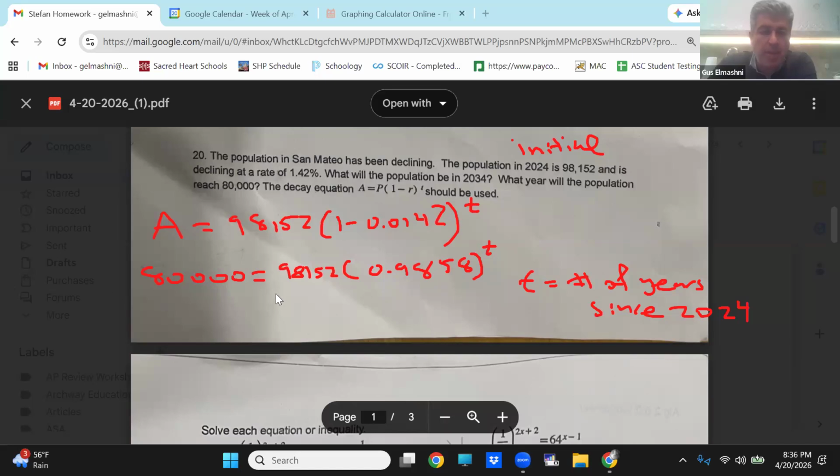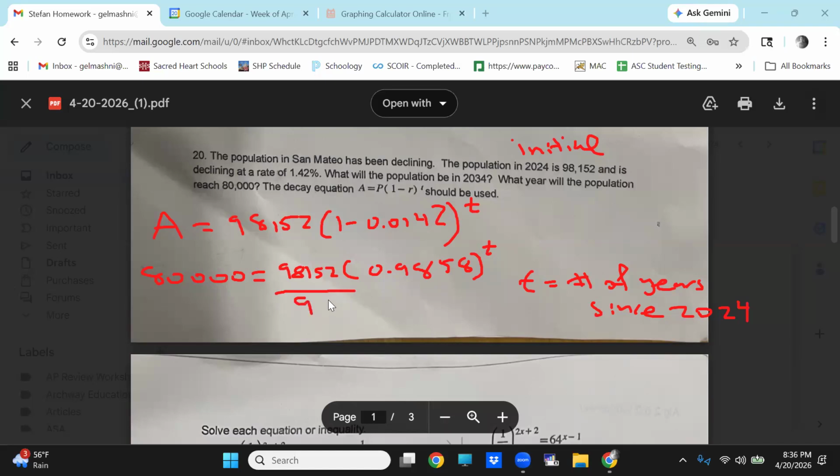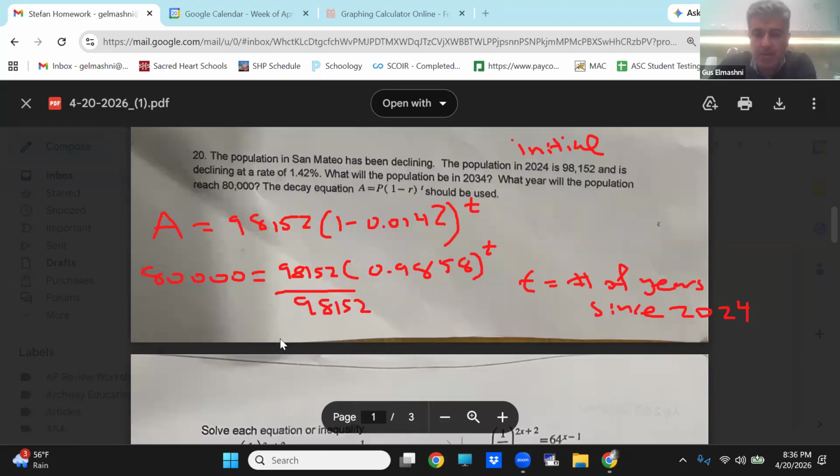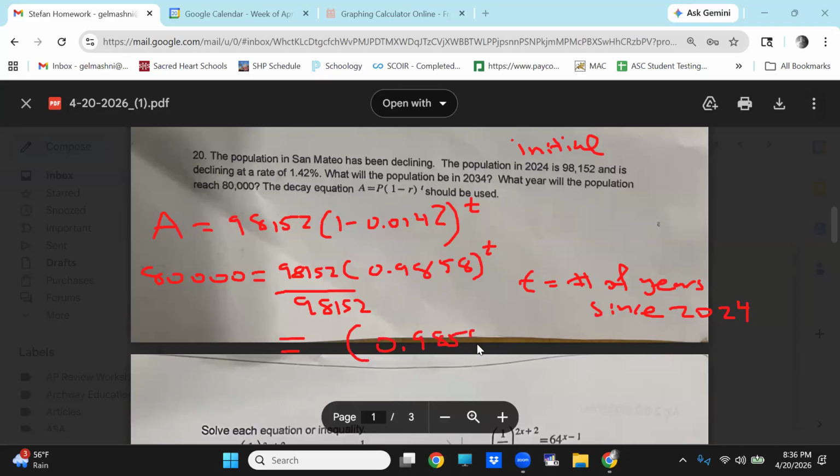So what you could do is divide by this number, because your goal is to get t by itself. Just to make the right side more simple, I'll call this x.